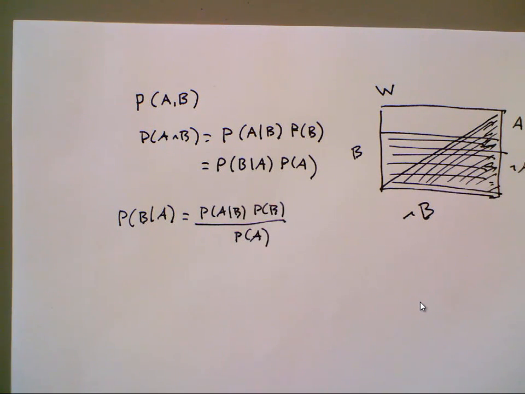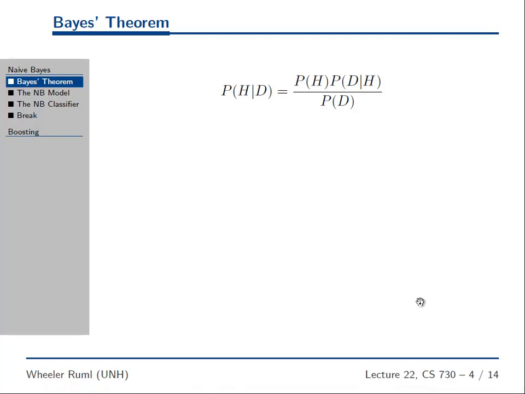Okay, so now let's talk about why you would ever want to be able to express the conditional probability of B given A in terms of these other things. Well, it turns out that that's actually a super useful thing to know. So, for example, let's say that you finally went over to health services and got your annual checkup.